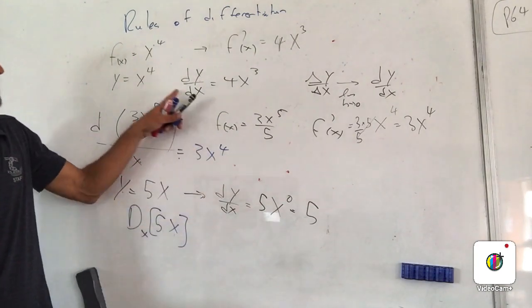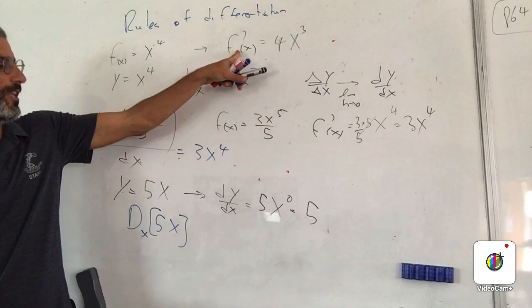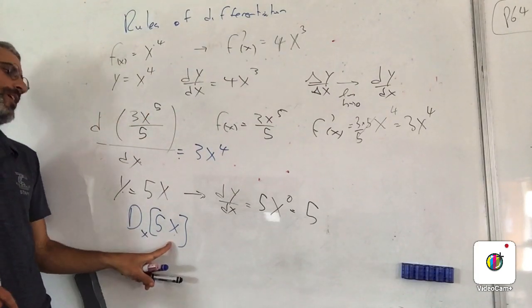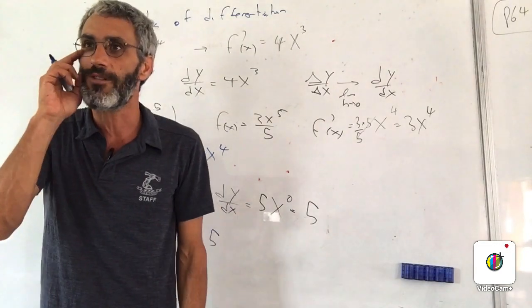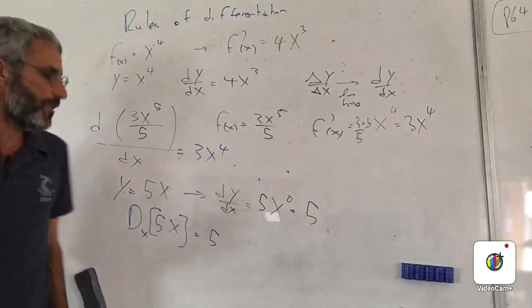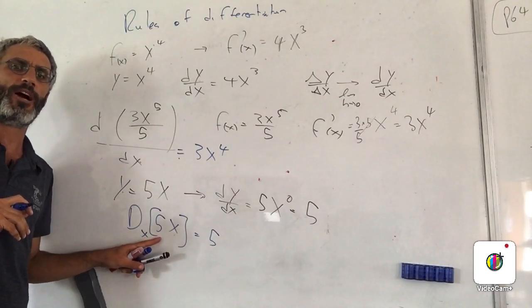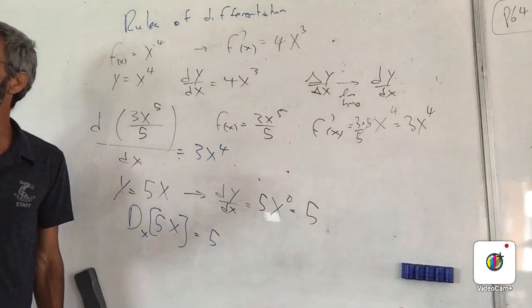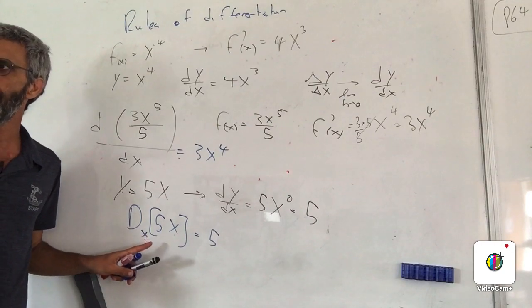I'm going to write that and ask you to calculate it. That's still fine. And sometimes I can say in words: differentiate the function f of x equals 5x with respect to x. With respect to means do the derivative with respect to x. Are we happy with that?